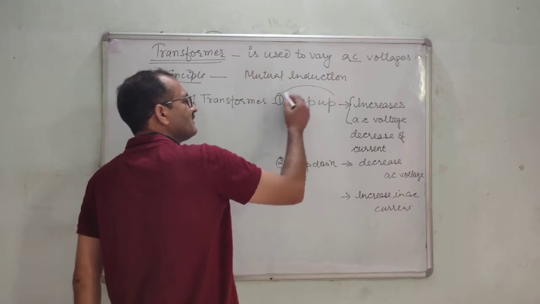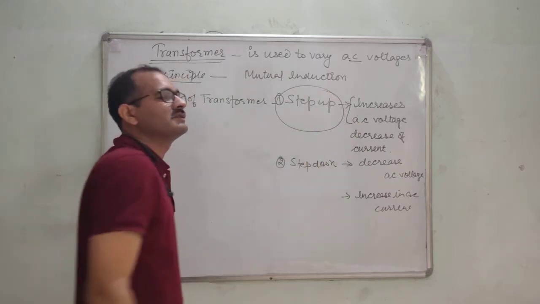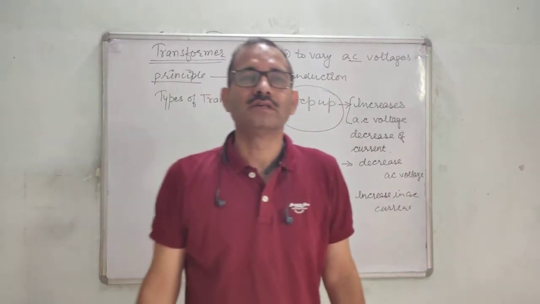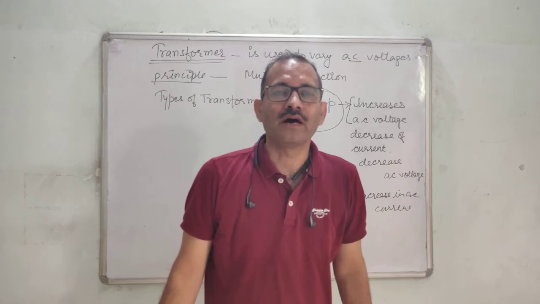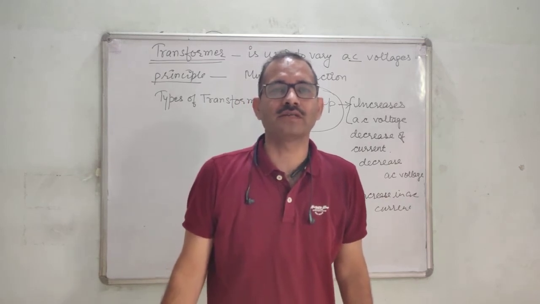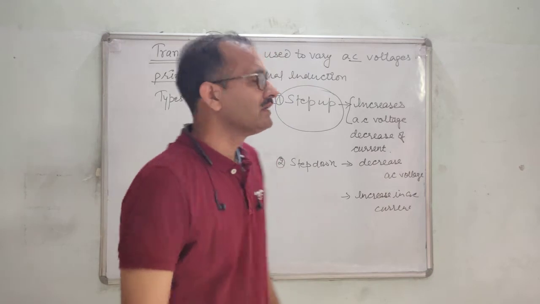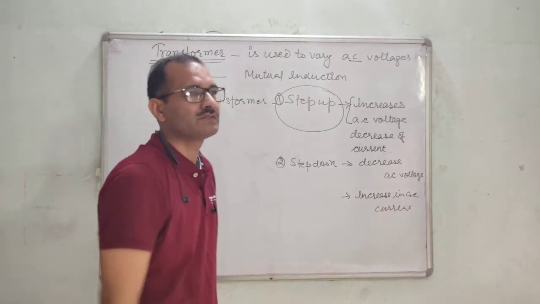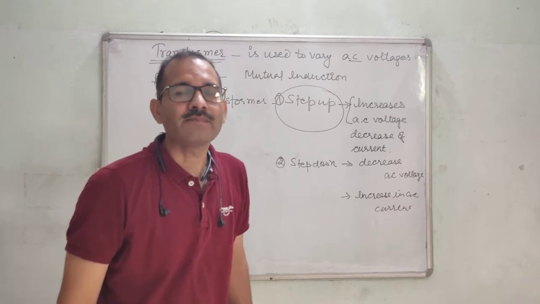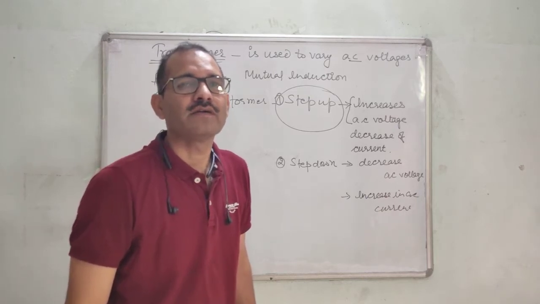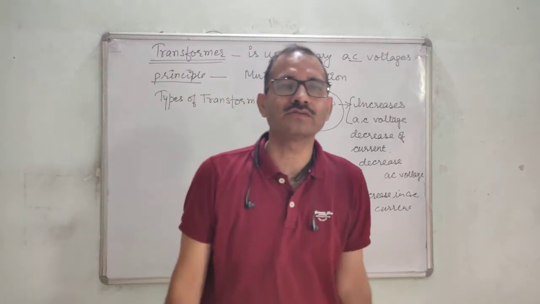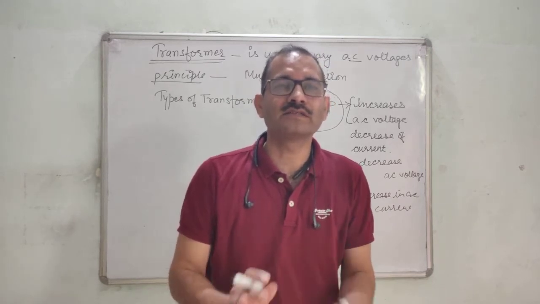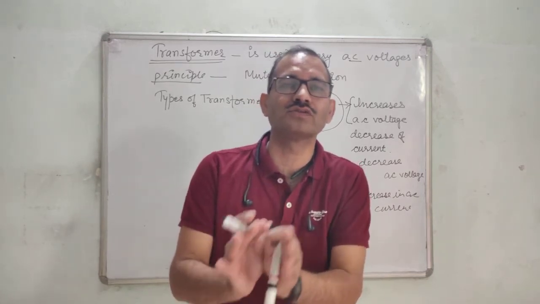A step up transformer is generally used in the plants where electrical power is generated, and a step down transformer is used where the power is used. The step down transformer seen nearby your house on the poles converts 11,000 volts to 220 volts.